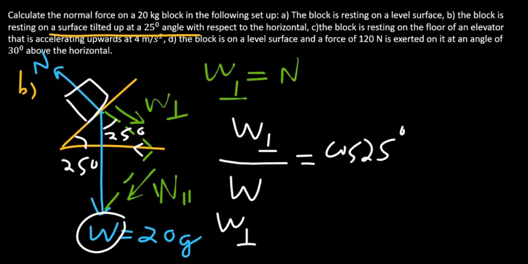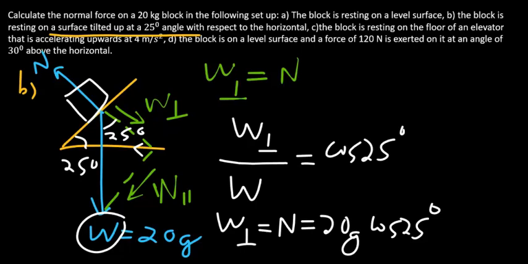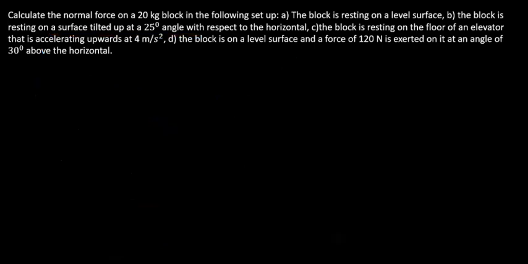So W perpendicular, which is the normal force that we are trying to calculate, equals the weight, which is 20 times gravity times cosine 25 degrees, which will give you 177.8 newtons.